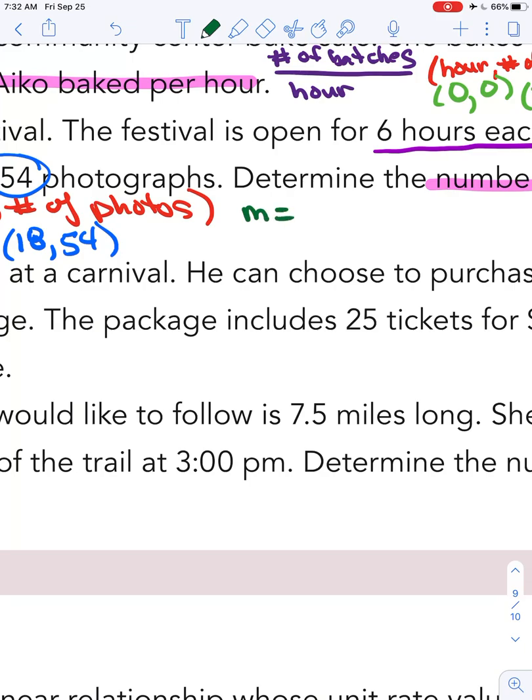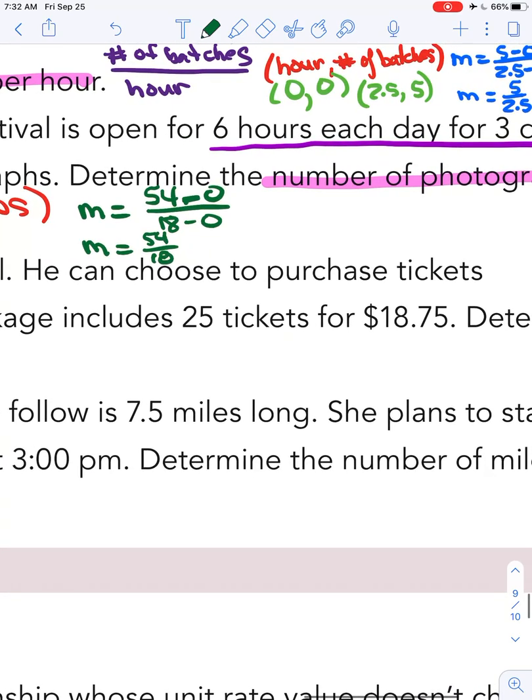Again, it's proportional, so you could do proportions. 54 minus 0 over 18 minus 0. So I get 54 over 18. And hopefully when you do that, 54 divided by 18, is that 3? Yes, that's 3. 3 what? 3 photos per hour.